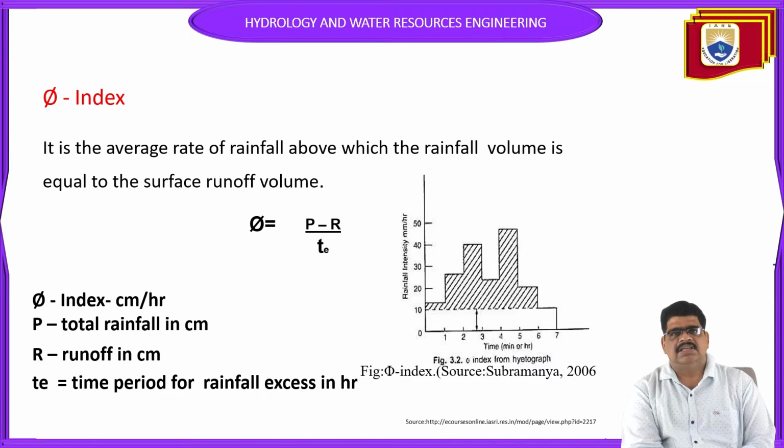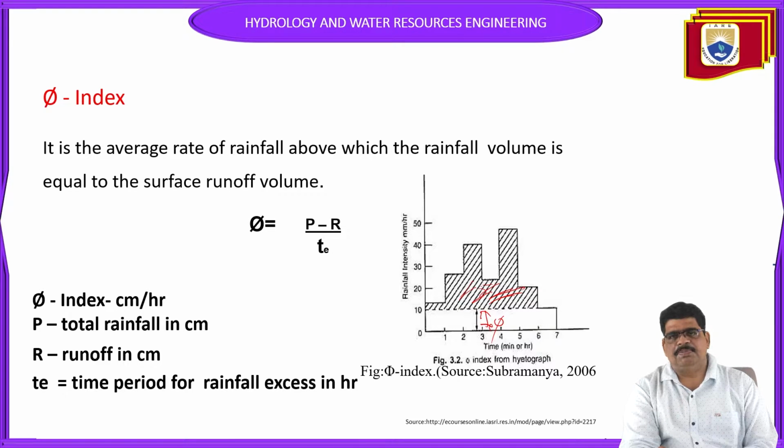Next, Phi index. There is one formula for calculating the Phi index. Here the average rate of rainfall above which the rainfall volume is equal to the surface runoff volume. Then Phi is equal to (P minus R) by T_E. By applying this, you find it from the hyetographs. As I explained before, the unshaded portion is called the Phi index, and the shaded portion above is called rainfall excess.